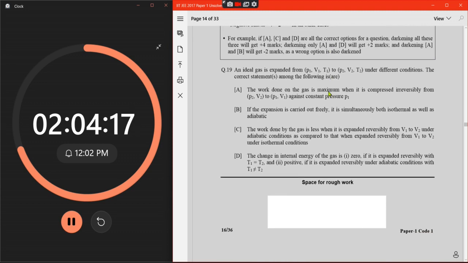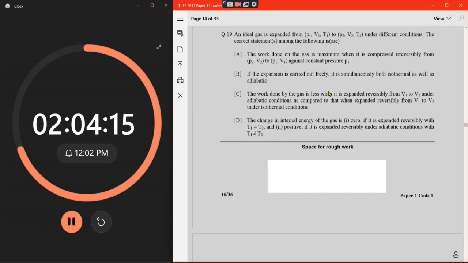We had already corrected B. Okay, the change in internal energy of the gas is zero if it expanded reversibly from T1 to T2, and positive if it expanded reversibly under adiabatic conditions with T1 not equal to T2.